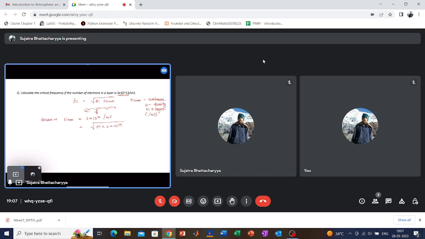Why? Because 10 to the power minus 2 meters is equal to 1 centimeter. Therefore 10 to the power minus 2 whole cube will be 1 meter cube. Therefore it will be 10 to the power minus 6 centimeter cube is 1 meter cube. Remember, this is the conversion.